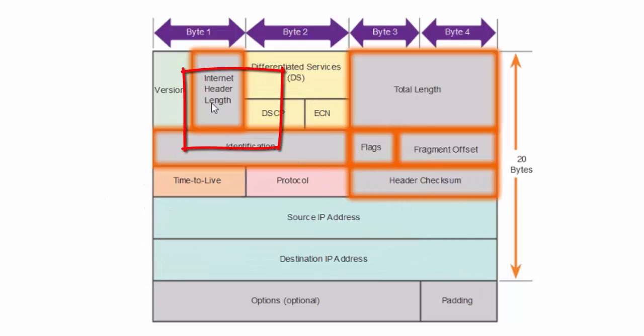The second part of this header concerns how to identify and validate the IP packet. So there is the 4-bit field of the internet header length, which represents the length of the header. As we can notice, the header length can go from 20 bytes to 60 bytes.